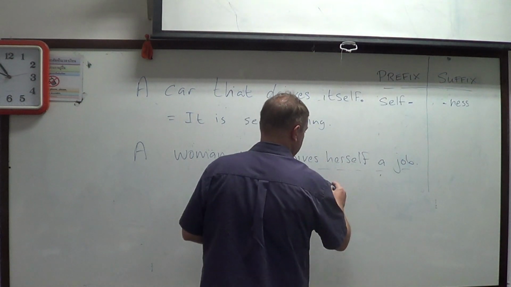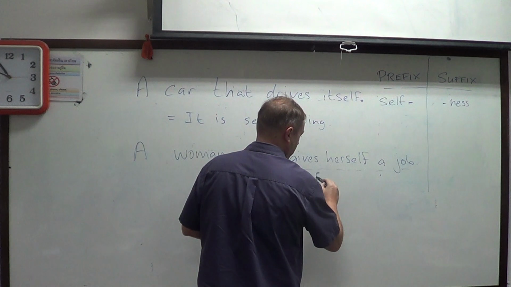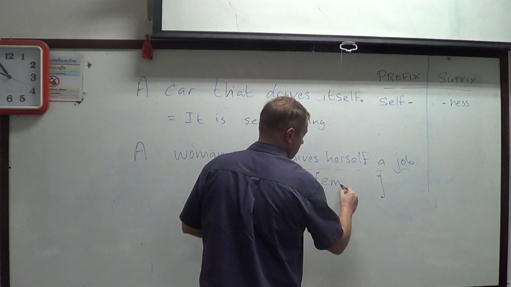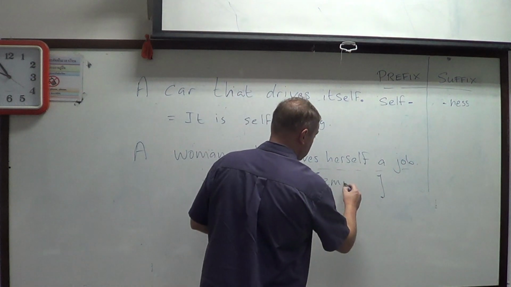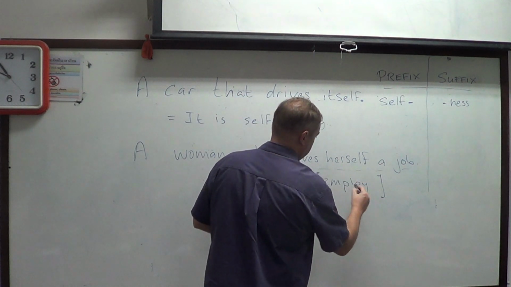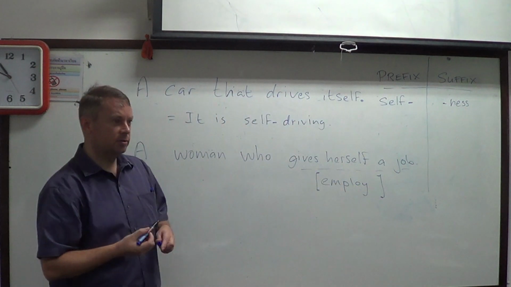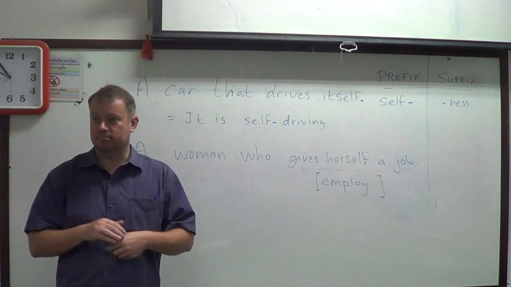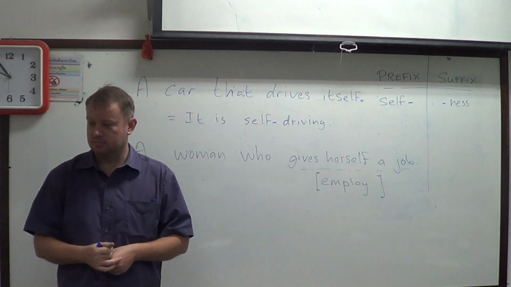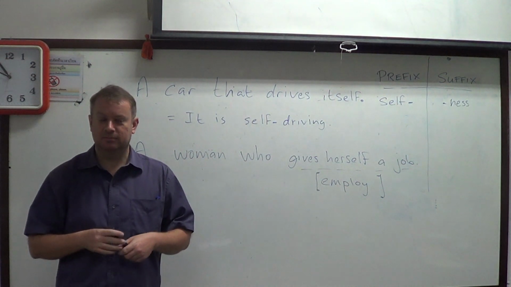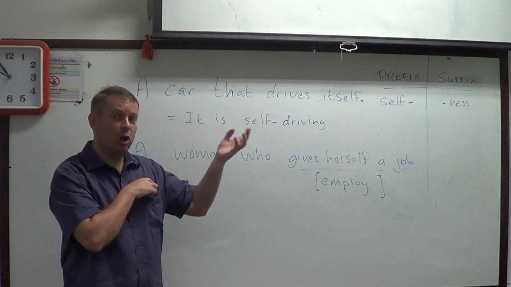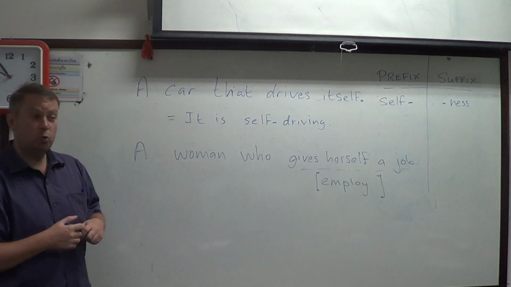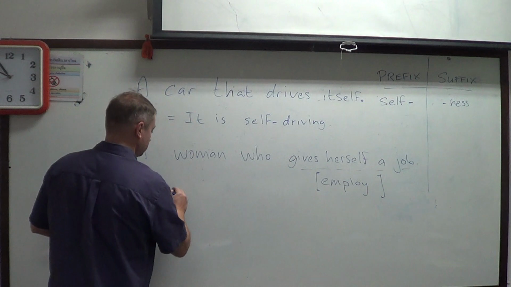Begins with E? The verb, yeah. To give someone a job is to employ them. I employ you. Do as I say. He employs me. You work for me, I employ you.